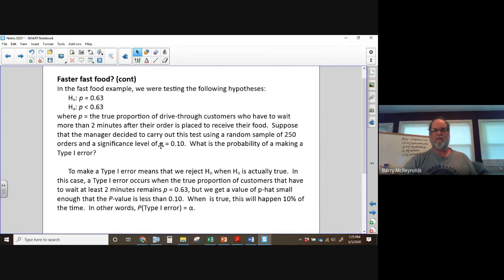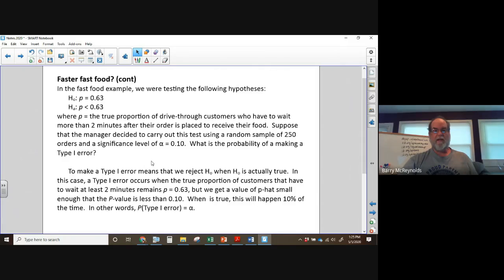The significance level is 10% here, okay? An alternate way of saying this is we want 90% confidence. When you say that you want 90% confidence, you're talking about an alpha of 10% or 0.1.